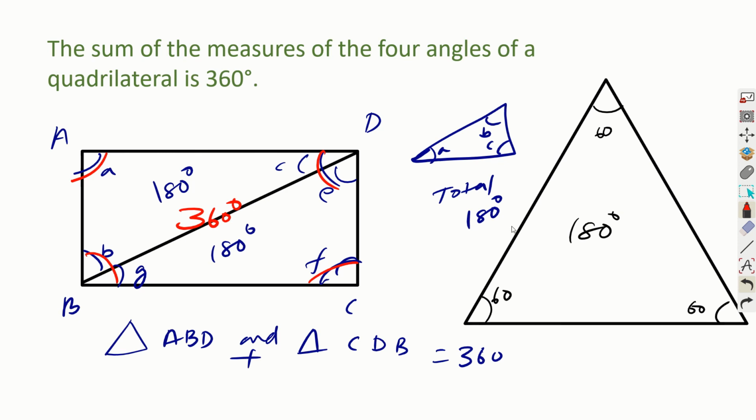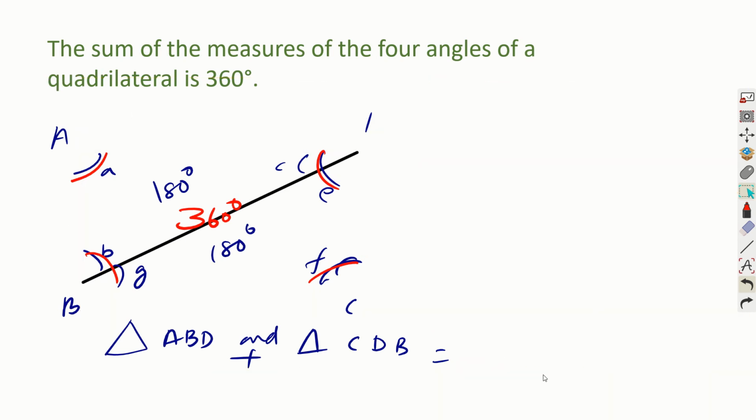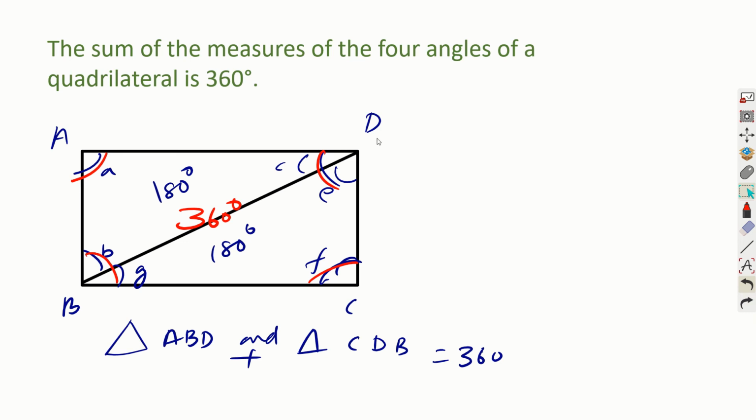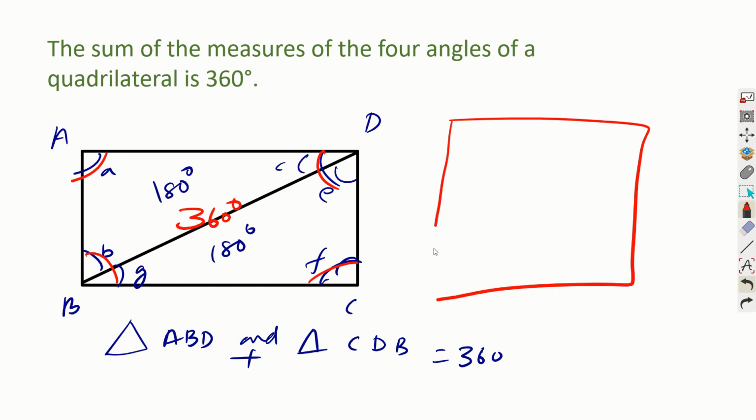Why did I say any quadrilateral? Because the sum of the angles of a triangle is 180 degrees. Suppose I draw roughly a quadrilateral here, and if I make a diagonal of it, I am quite sure that it will divide it into two triangles, irrespective of the nature of the quadrilateral.